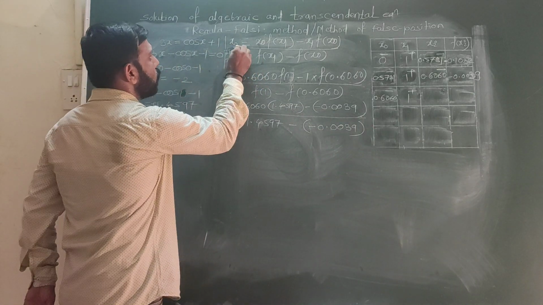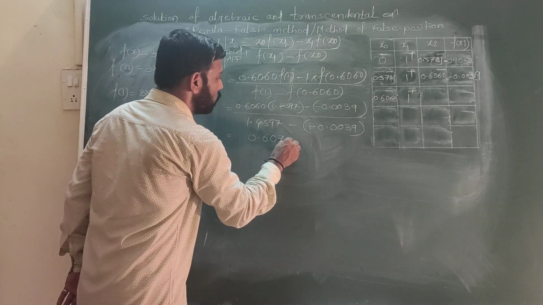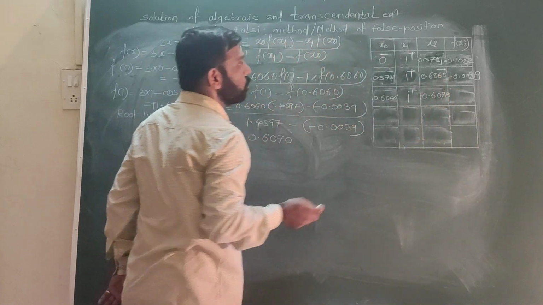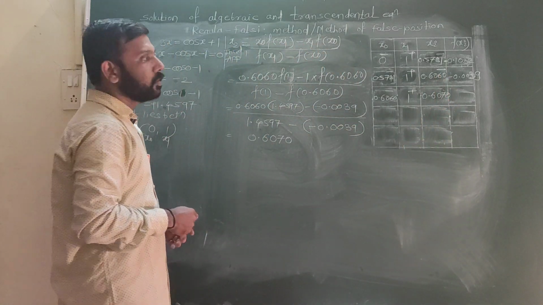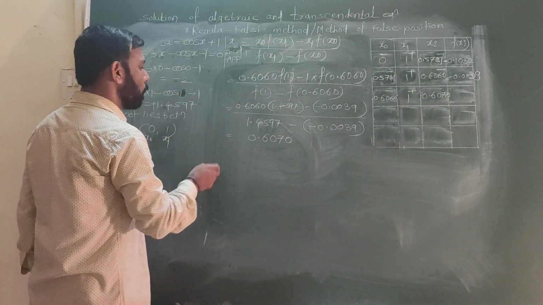Third approximation, x2 becomes 0.6070. So two decimal place values are the same.